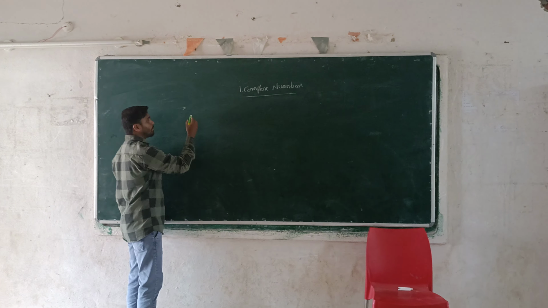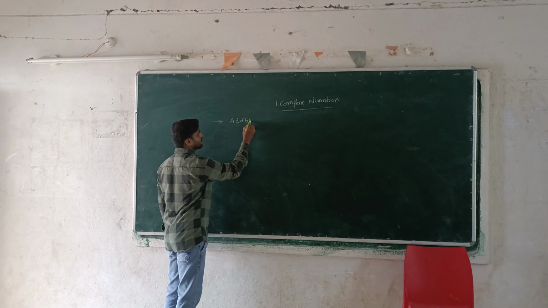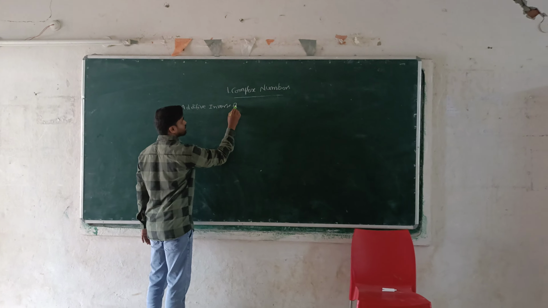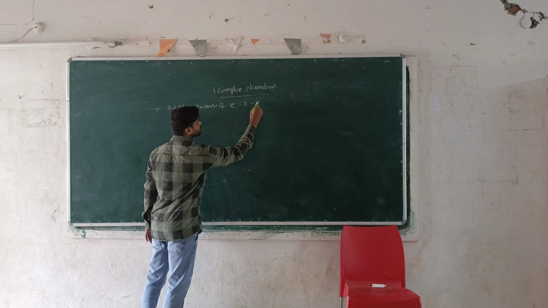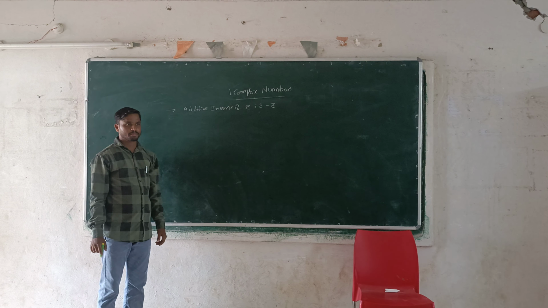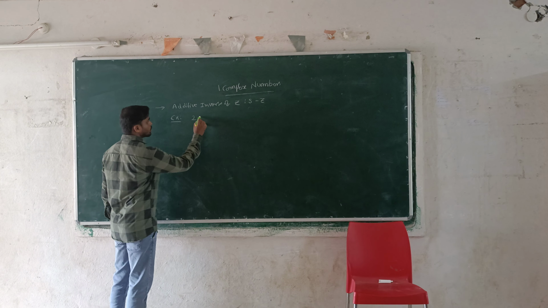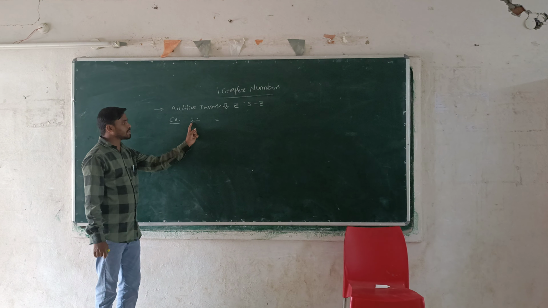Additive inverse of a complex number z. The additive inverse of z is minus z. For example, 2 plus something equals 0. What is the additive inverse of 2?